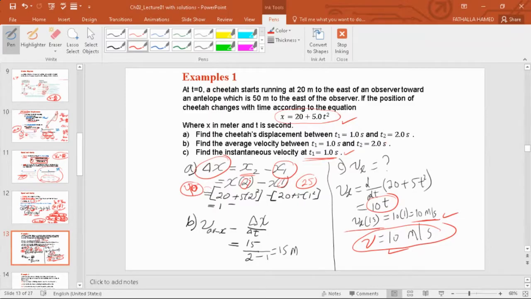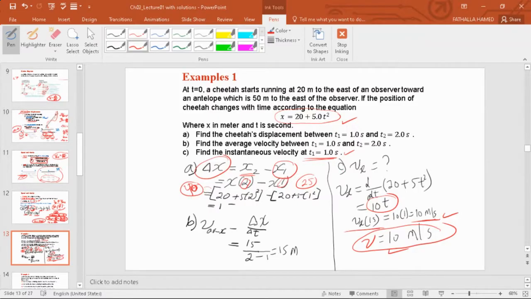Well, your displacement is x2 minus x1. So x2 is evaluated when t is equal to 2 seconds, and x1 is evaluated when t is equal to 1 second. For x2, I'm going to put 2 for t, so it's 20 plus 5 times 2 squared, and 2 squared is 4, and 4 times 5 is 20, and 20 plus 20 is 40.